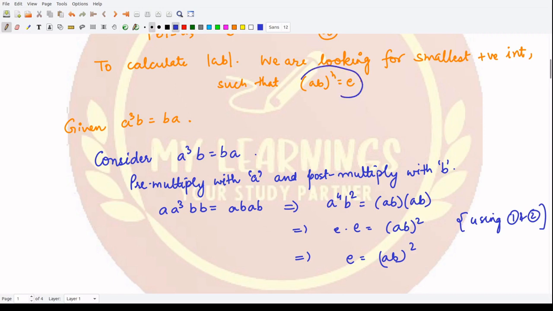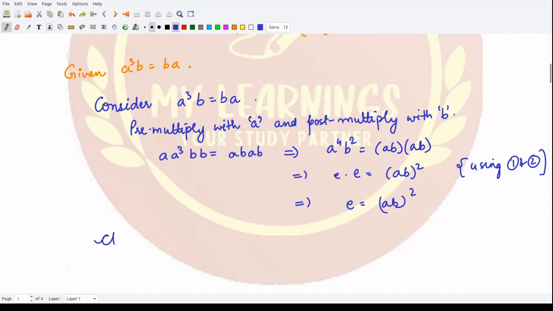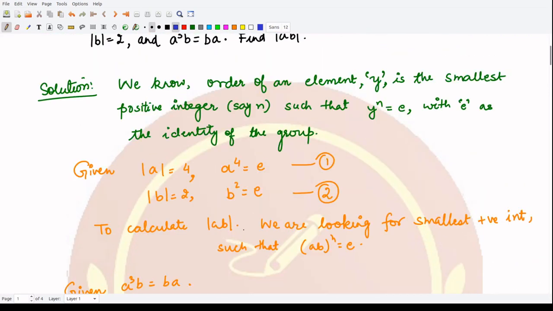Now can you see the similarity between this and this? Therefore in this case we have AB square is equal to E, and clearly AB is not equal to identity. Why? Because A and B are not the inverses of each other, and moreover they have the orders 4 and 2.